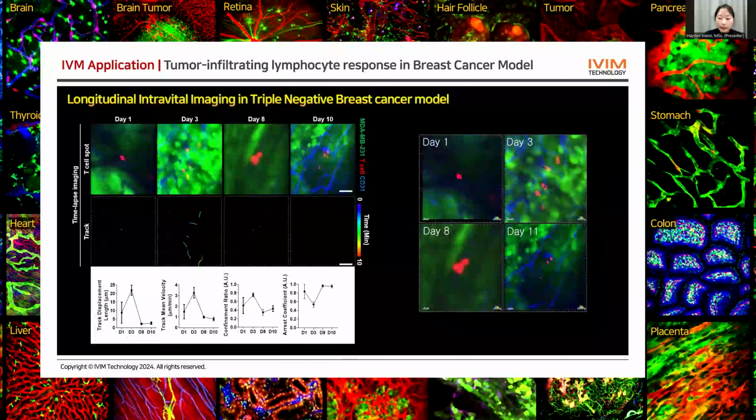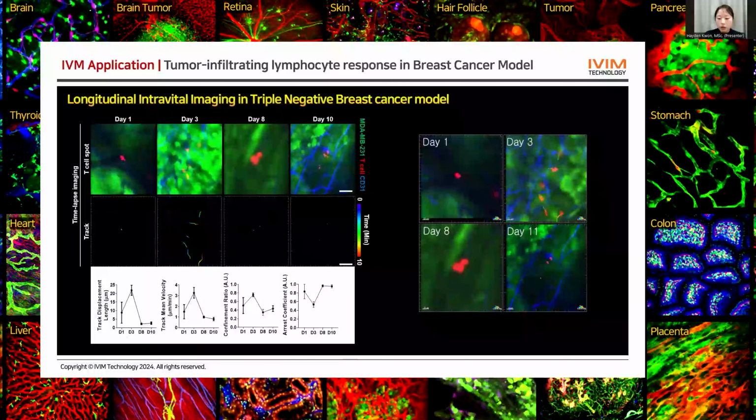Following the previous slide, where we observed differences in activity between the inside and outside of the tumor cells, particularly with significant activity inside the tumor on day 11, we proceeded to observe a xenograft model created by transplanting human breast cancer cells into mice, which are not of the same species.